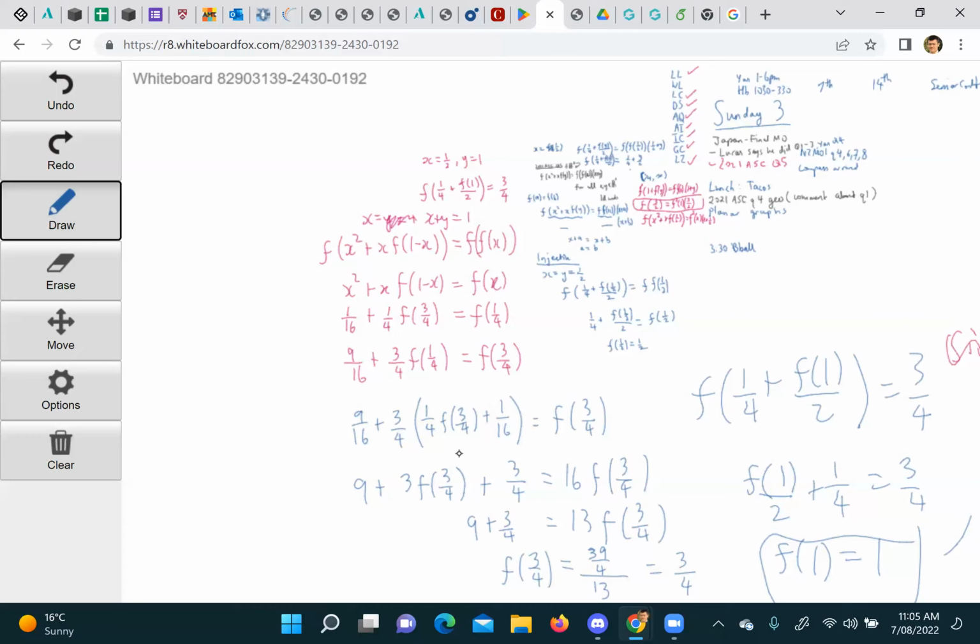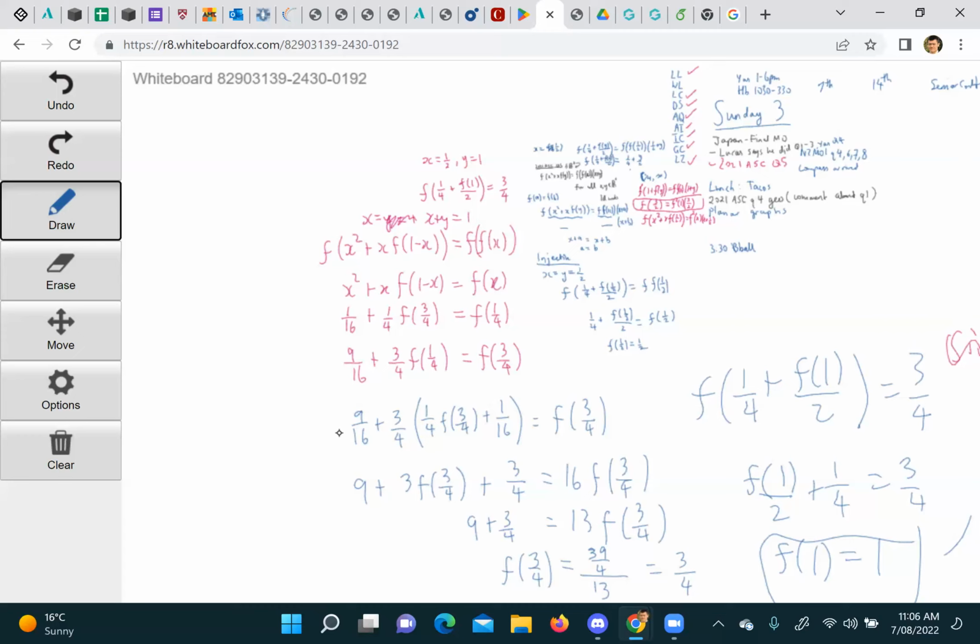The reason I think the problem is solved, even though I haven't checked it, is because why can't you just do the same thing for other numbers between 0 and 1? Why does it have to be a quarter and 3/4? If you use that same idea, instead of 3/4 and a quarter, you just have 1 minus x and x. You still get a simultaneous equation.